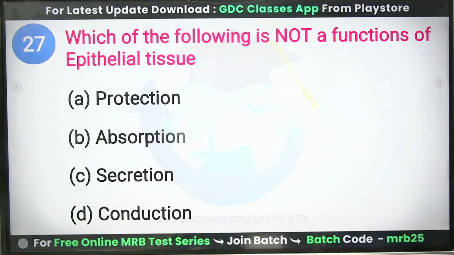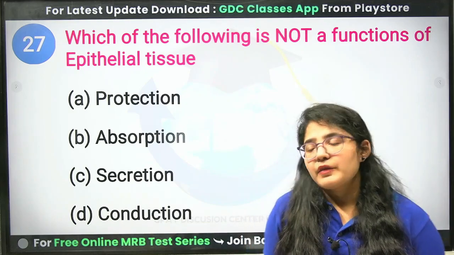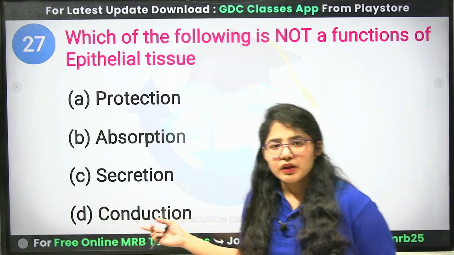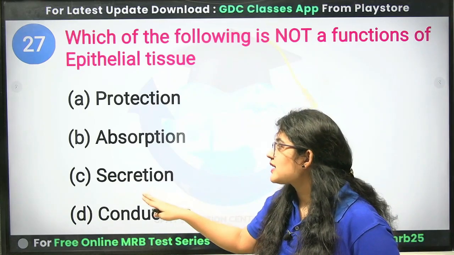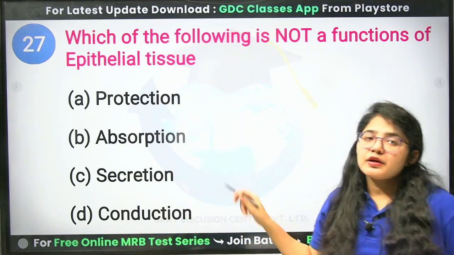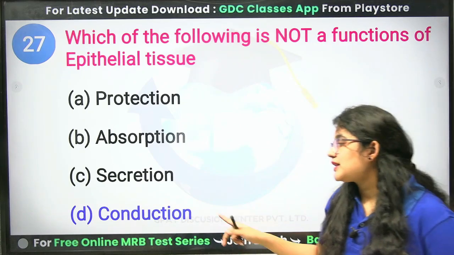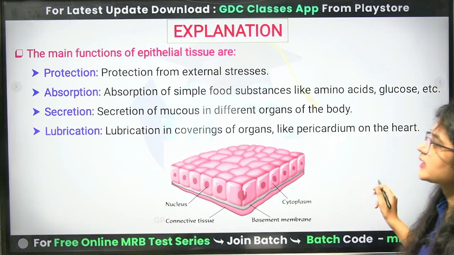Okay. Next question. Which of the following is not a function of epithelial tissue? What is the function of epithelial? Conduction. Conduction, control and coordination is the function of your nervous tissue. Secretion, absorption and protection. These three are the function of your epithelial tissue, but this is the function of your nervous tissue. Clear? Okay, see.